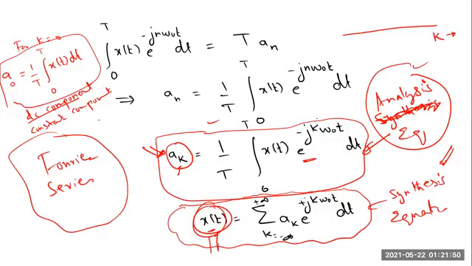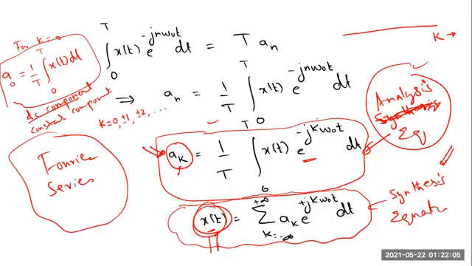And if you remember, k is a discrete number. k cannot have all possible values. k can be either 0, or it can be plus minus 1. It can be plus minus 2, and so on.